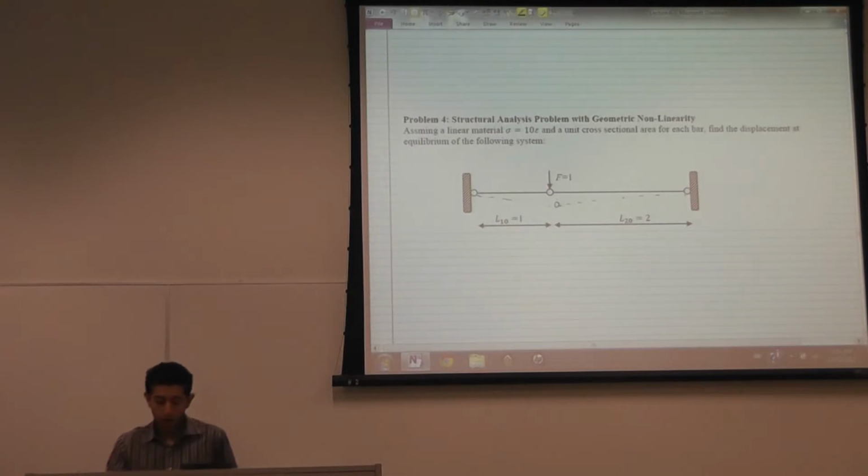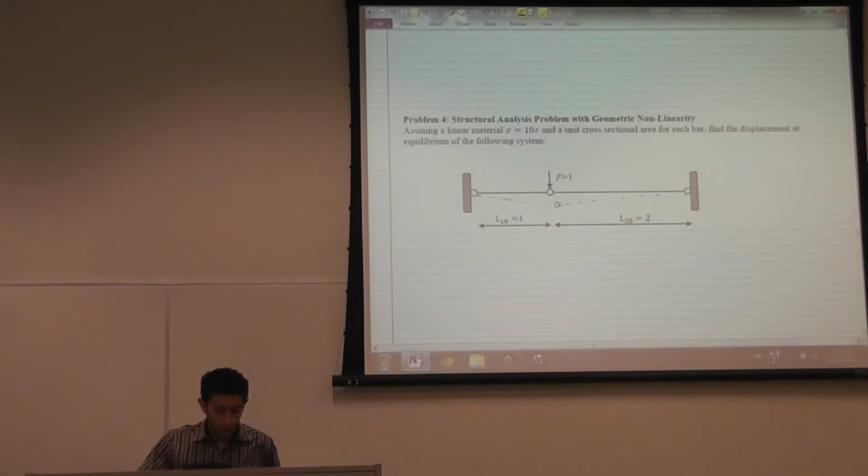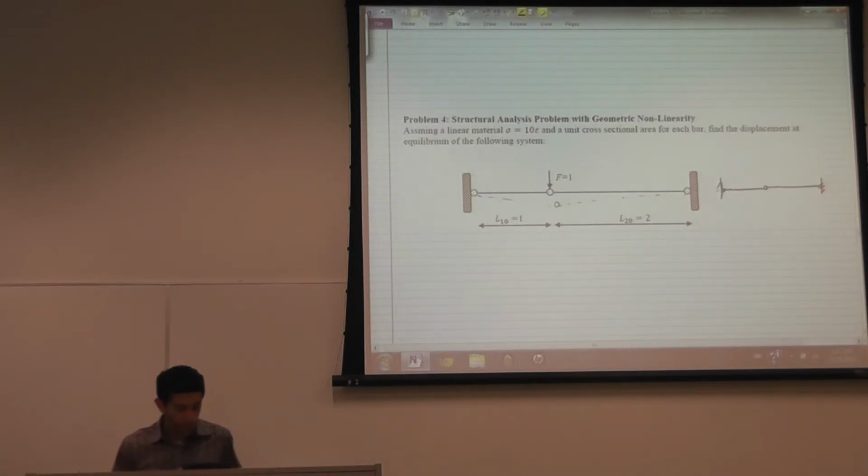To solve this problem, first we have to write the potential energy of the system. The potential energy of the system is a function of, so I'm going to assume two bars, that this point moved upwards U1 and moved horizontally U2.